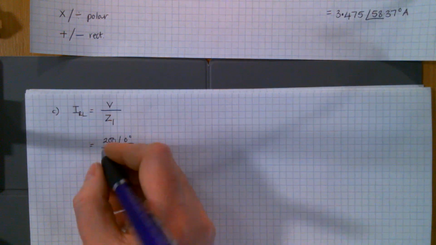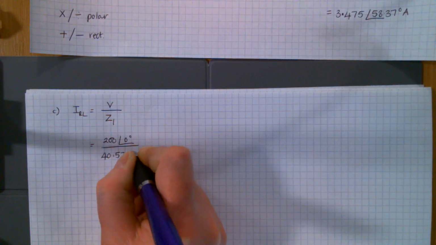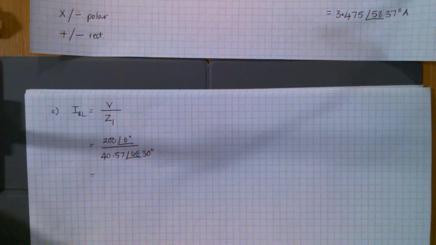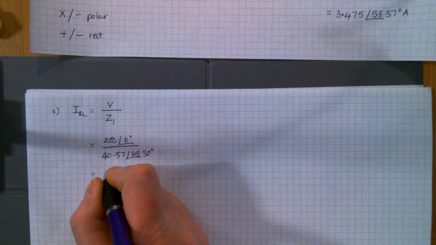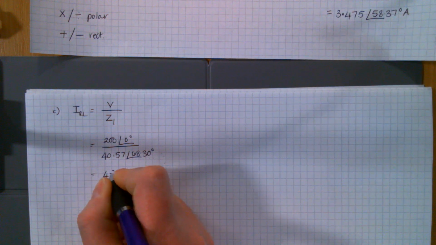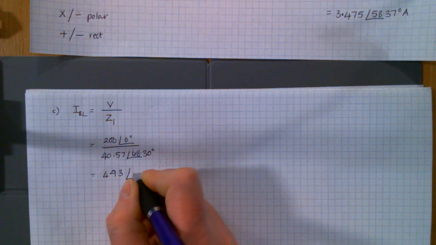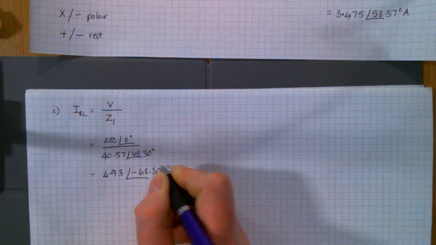And your Z1 you've already got in polar from earlier on. It's been 40.57 at an angle of 68.30. 4.93 at an angle of minus 68.30.